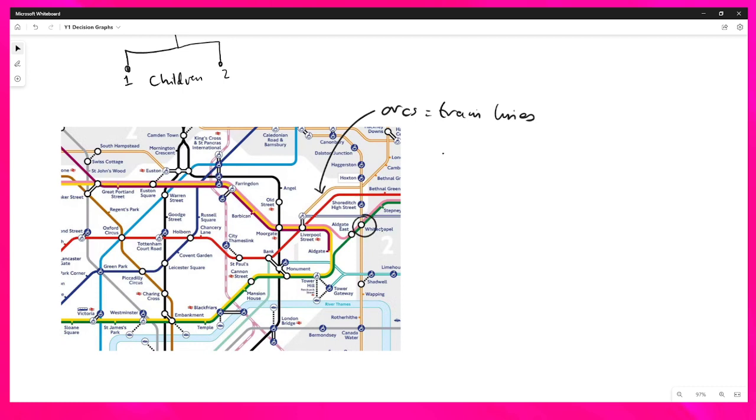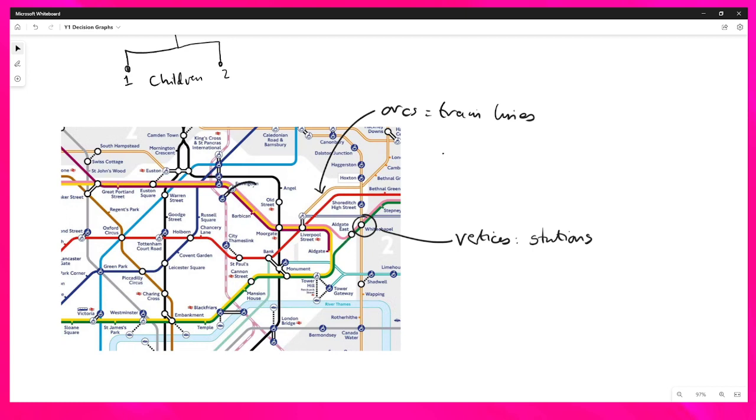And the vertices are the stations. The arcs themselves don't follow exactly the railway route, but they're a representation of it.